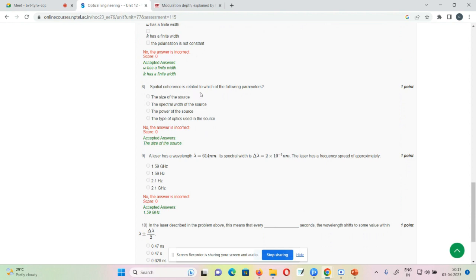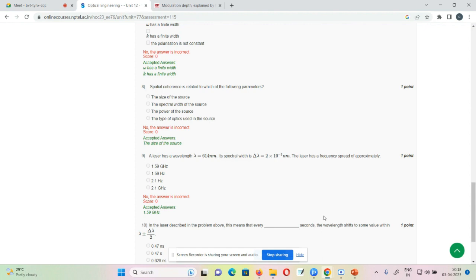Next, spatial coherence is related to which of the following parameters: size of the source, the spectral width of the source, the power of the source, or the type of optics used in the source? What is spatial coherence related to? So what is actually spatial coherence? The coherence between two points on the same source.